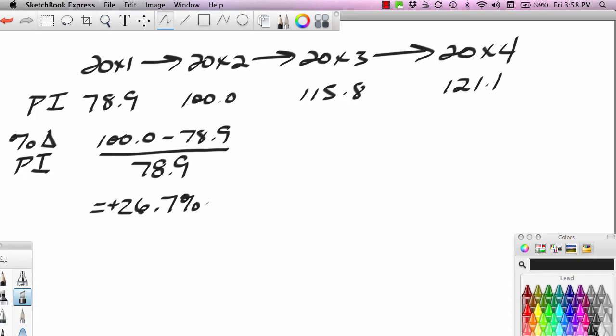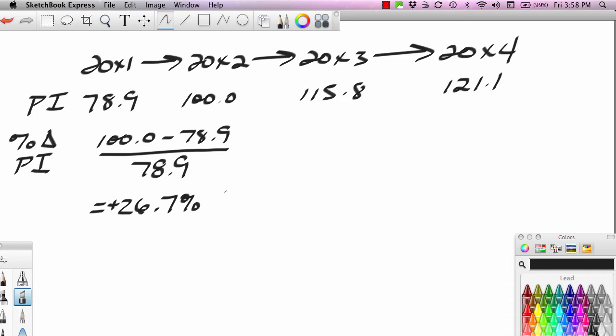Now, if you're talking about Zimbabwe 5 or 6 years ago, 26.7% inflation would be very, very low. Zimbabwe had hyperinflation, where the inflation rate was in the millions of percent. You go, oh no, you got to be kidding me. Oh yes, Germany after World War I, inflation rates in the millions of percent.